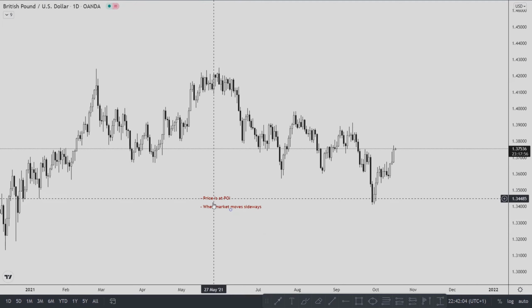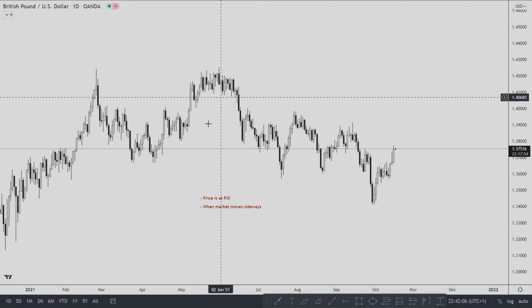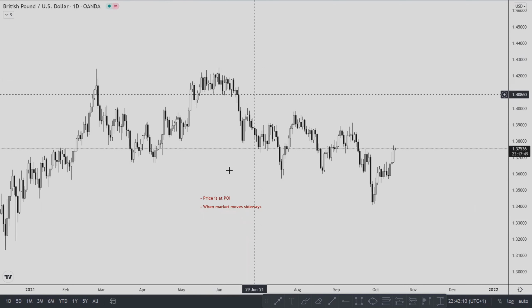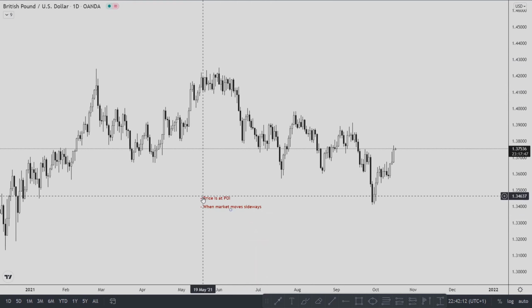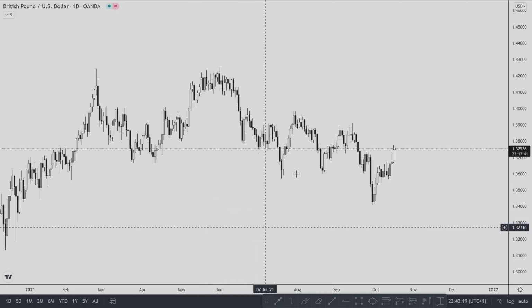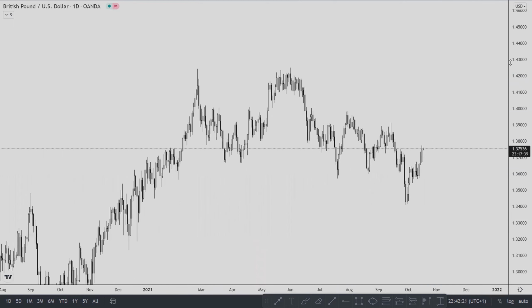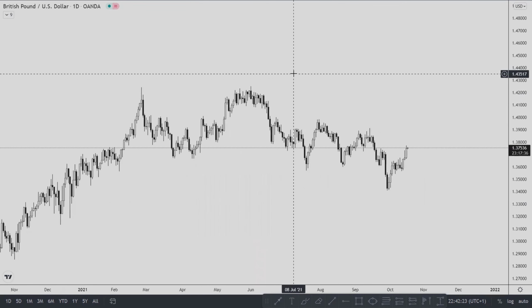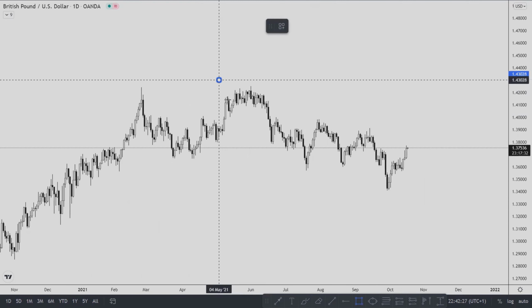So when the market is moving sideways, that's when you see the distribution and accumulation schematics playing out. And also, when price is at a point of interest. If you don't know what a POI is, we're going to go into that in either this video or the next one. We'll see how it goes. So now, first scenario, I'm already seeing this area here.